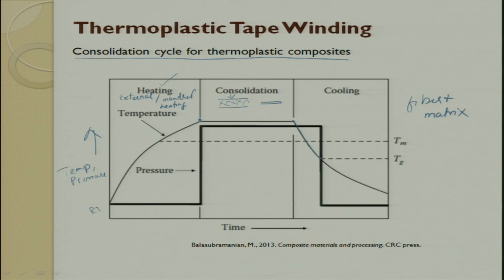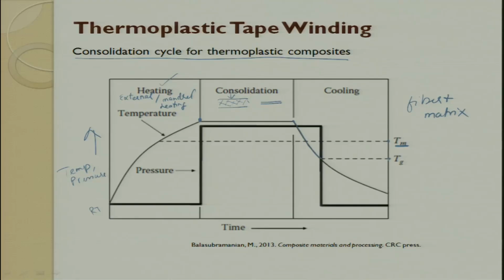If you see here, they go very up, they go above the melting point. So, this is the melting point, they go above. It is not like a complete liquid state, they go slightly above, and then here there is a Tg. Till it reaches Tg, they keep maintaining the pressure, and the moment it reaches Tg, then it starts falling down.